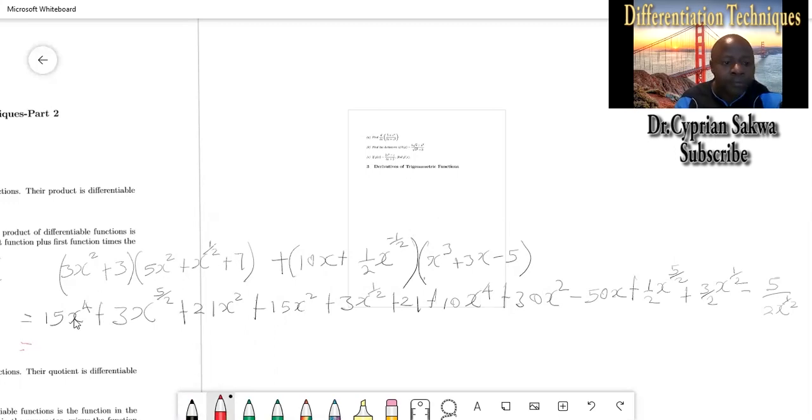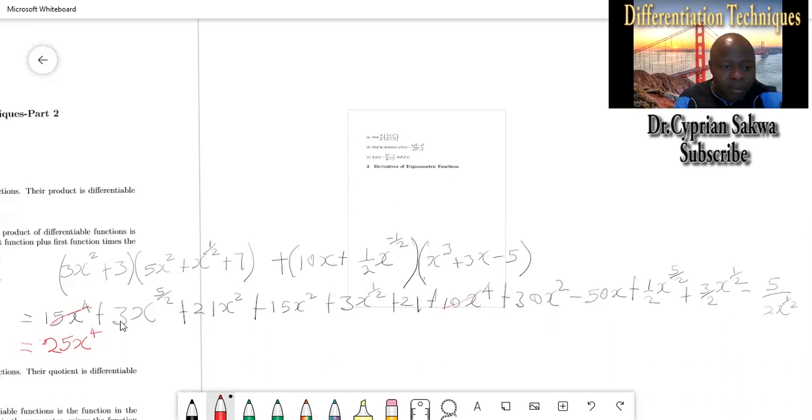I have 15x raised to 4 and I have 10x raised to 4. So these two put together, and as I said, you don't need to cancel your working. I'm just bringing that to keep track of what I've used and what I've not. So these two added together, I get 25x raised to 4.